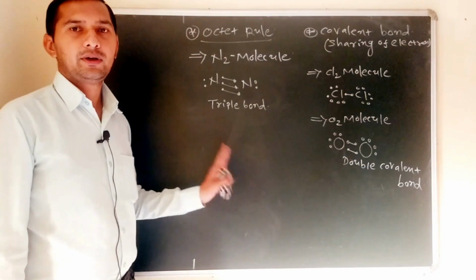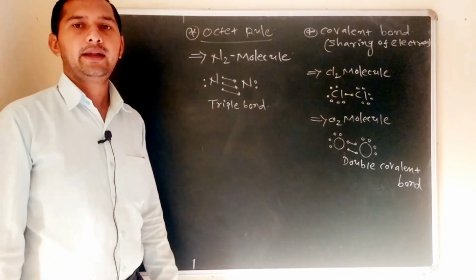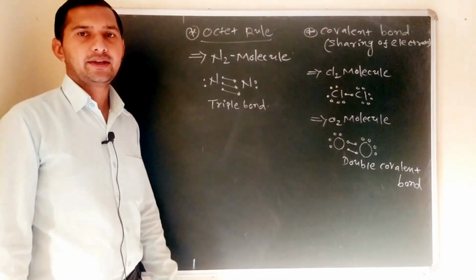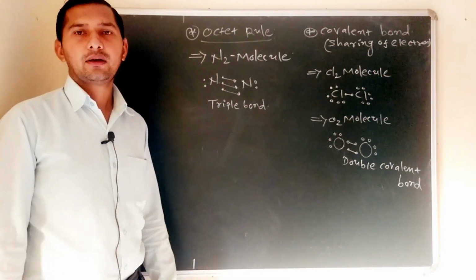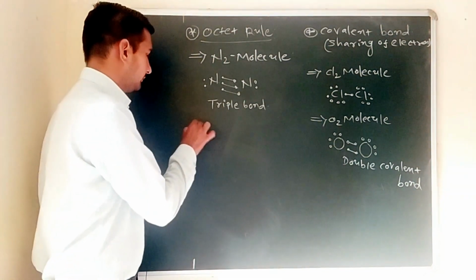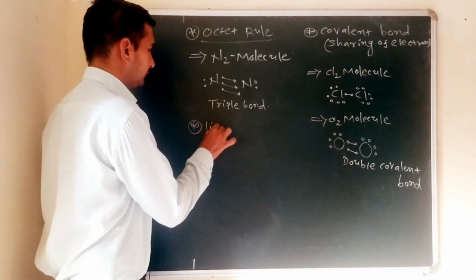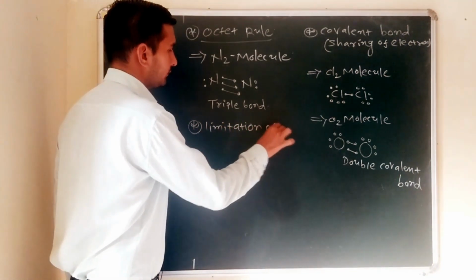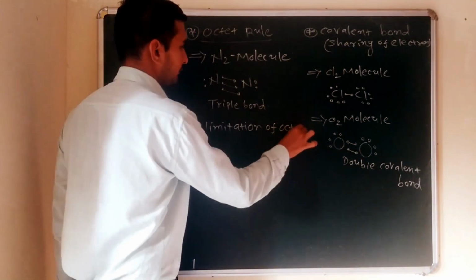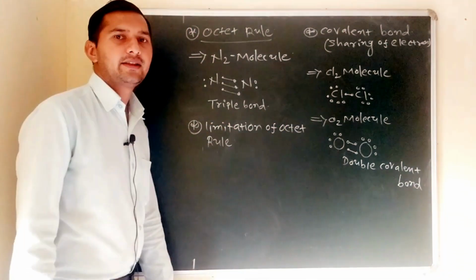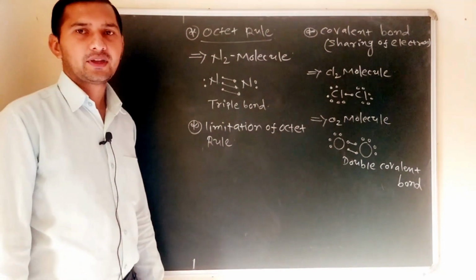So these are the covalent bonds which are related to the octet rule. Now we will discuss certain limitations of the octet rule. So what are the limitations of the octet rule?